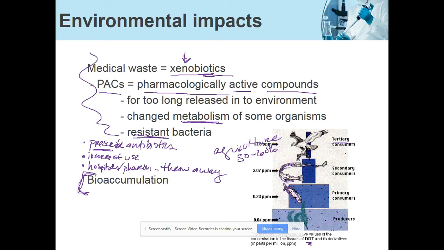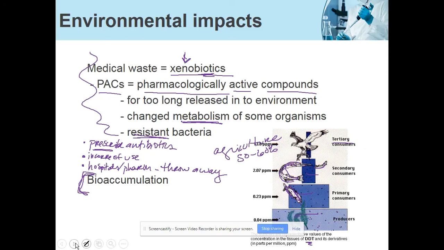And that tertiary consumer, again, he isn't eating just one of these guys. He's eating lots of them who ate lots of these guys that ate lots of those guys. And so the concentration of the medicine or the pesticide is going to increase drastically from one of these trophic levels to the next.